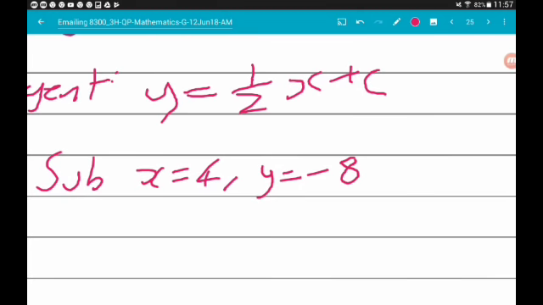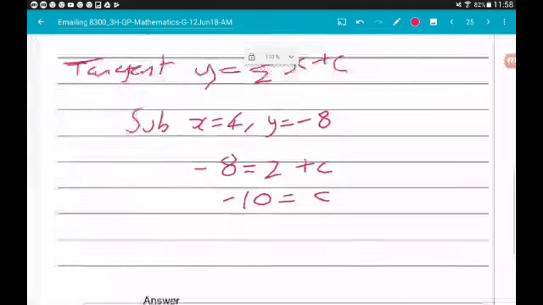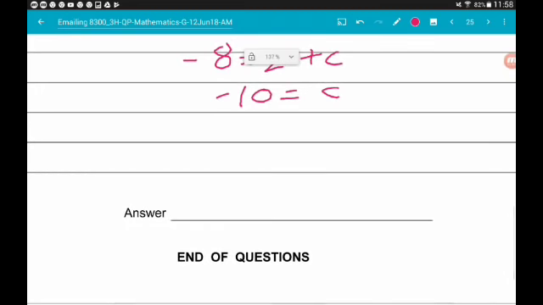So we get -8 is equal to 1/2 of 4, which is 2, plus c. So we then take away the 2 and we get -10 is equal to c. So the equation of the tangent is y equals 1/2 x minus 10. Cool. So as I said, that playlist is down below with all the separate skills that we need.